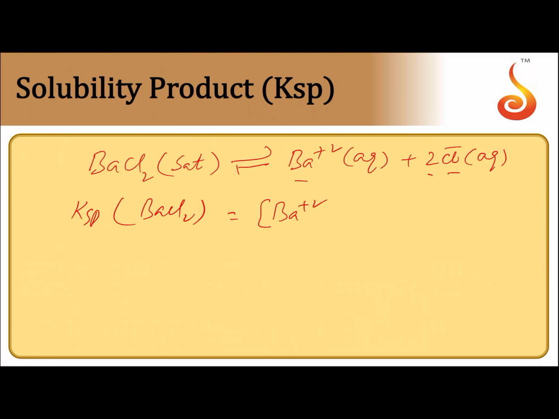That means it is the concentration of Ba plus 2 times the concentration of Cl minus squared, since the stoichiometric coefficient is 2. This is called the Ksp of BaCl2: the product of molar concentrations of constituent ions raised to the power equal to stoichiometric coefficients in the equation representing the dissociation of an electrolyte at a given temperature.